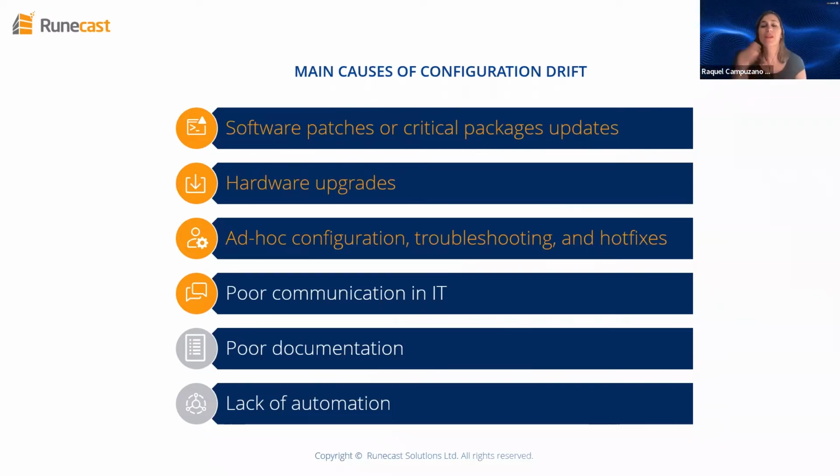So having a hybrid architecture consisting of both cloud resources and legacy on-prem systems is very difficult to manage and very difficult to keep track of, although we have automated tools that help us keep everything well documented and under control.